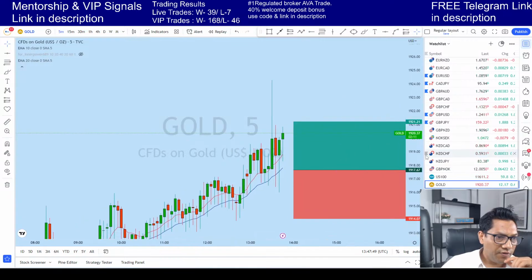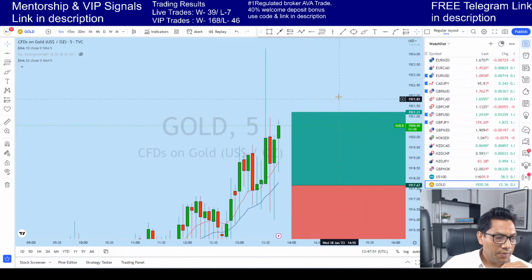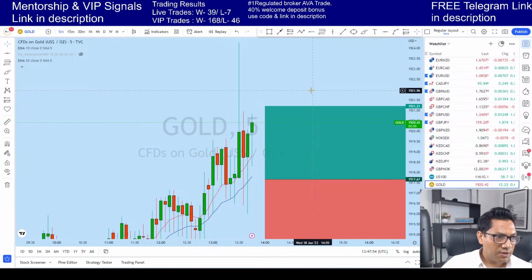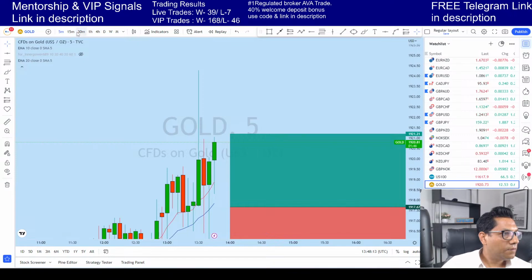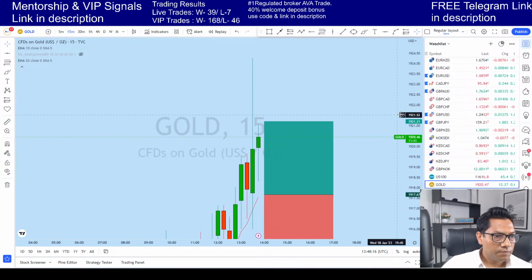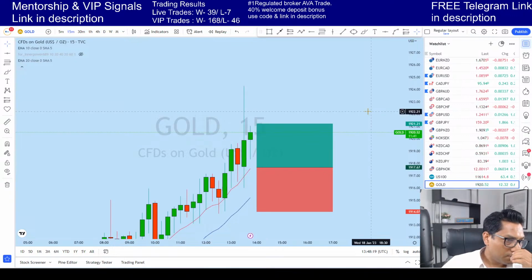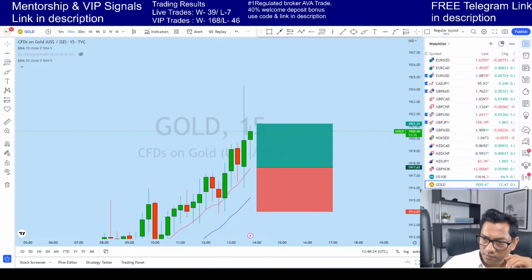So we see that this is the 5 minutes chart, the candle opened with a gap, and we can expect a move. Okay, very good. Very good. Well done.